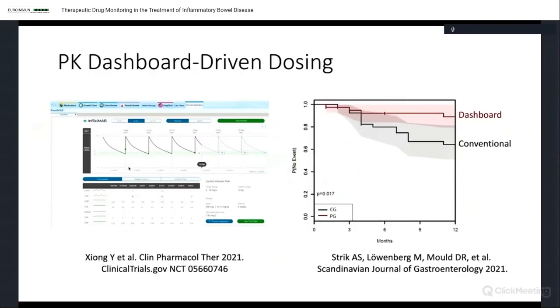And so this dashboard is about to be tested in a NIH-funded randomized controlled trial led by Phil Manar at Cincinnati Children's Hospital. We expect enrollment to start this year. Dashboard-based dosing has also been studied by the group in Amsterdam that compared dashboard-based dosing of infliximab to conventional dosing and found superior outcomes in the dashboard-based dosing.